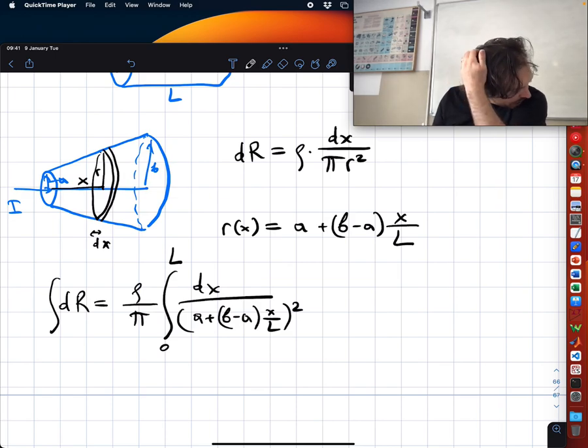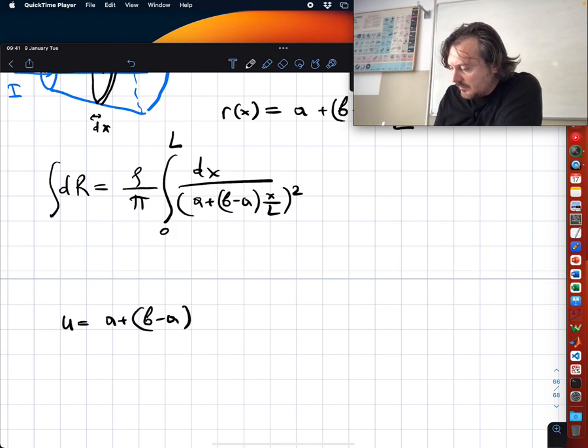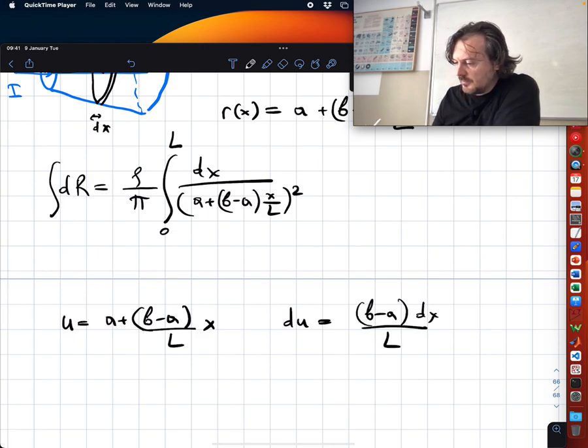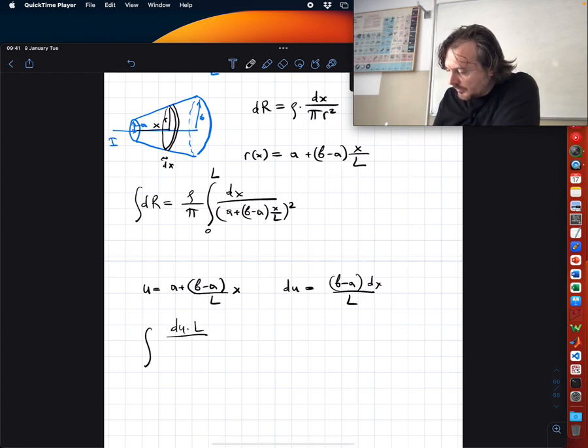Yes? So I can just define u to be A plus (B minus A) over L times x, and du will be (B minus A) dx over L, right? And the integral becomes du times L over (B minus A), that's dx, divided by u squared.